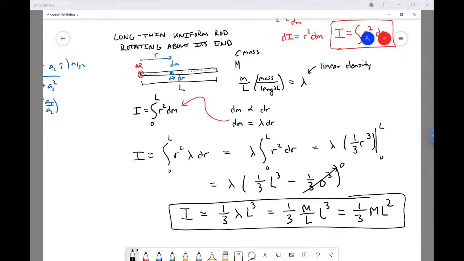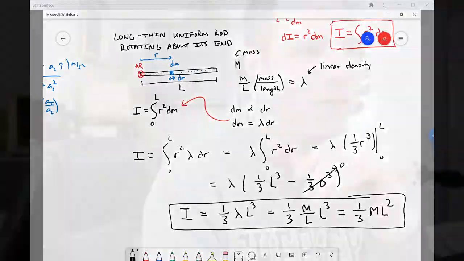You have a unit of mass, kilograms, and a unit of distance squared, so the units are kilograms meters squared for rotational inertia. But you have that coefficient 1/3. And if you move the axis of rotation to the center, you'd get a completely different answer.